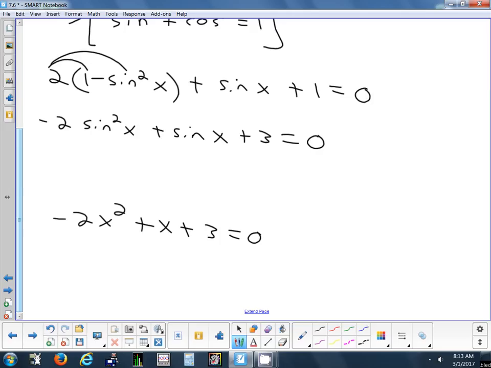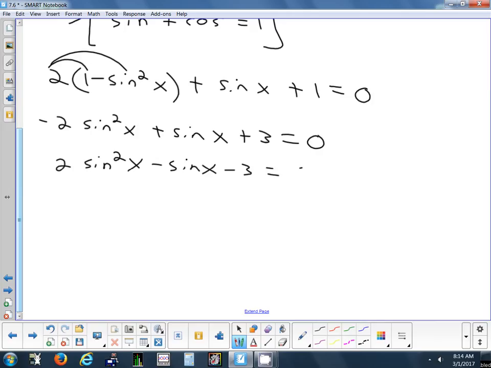So what can I easily do in either equation just to make that a positive 2? Yeah, just change the sign of everything by multiplying it by negative 1. So we have positive 2 sine squared x minus sine x minus 3. And when you multiply 0 by negative 1, it stays 0.